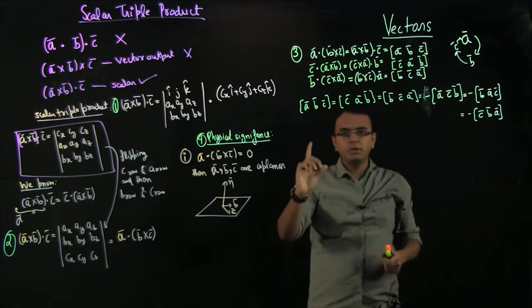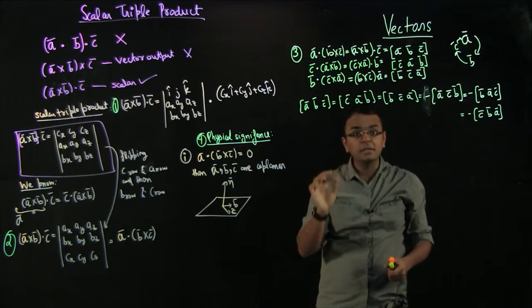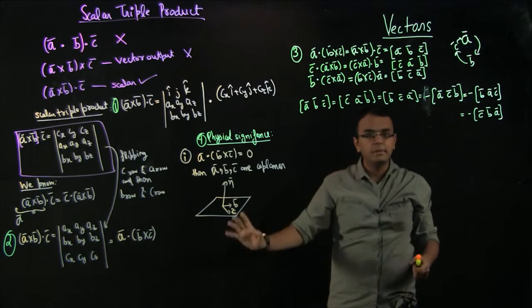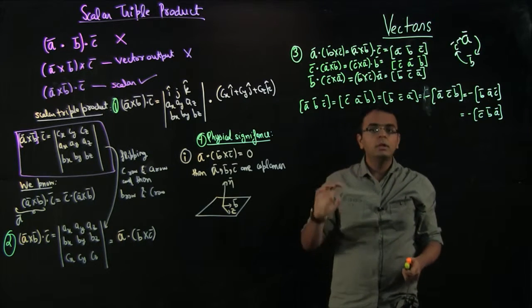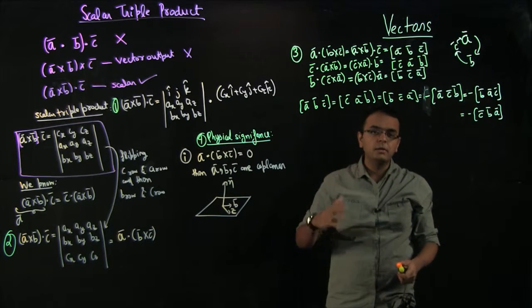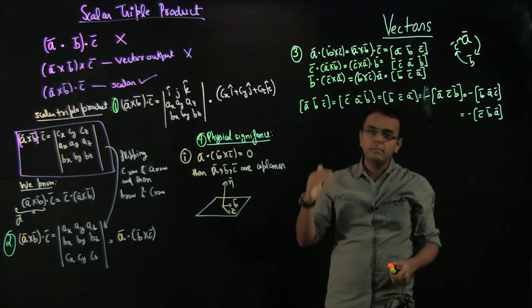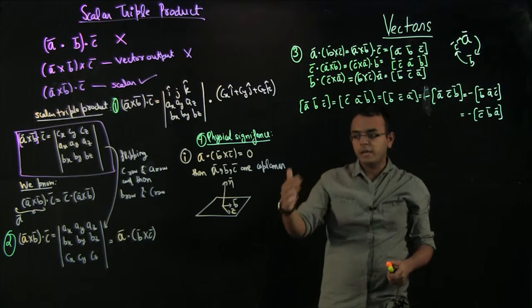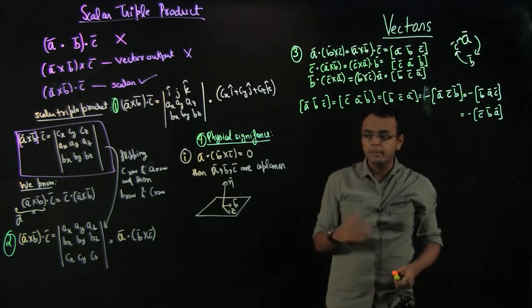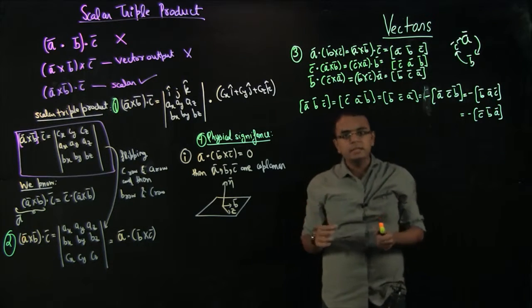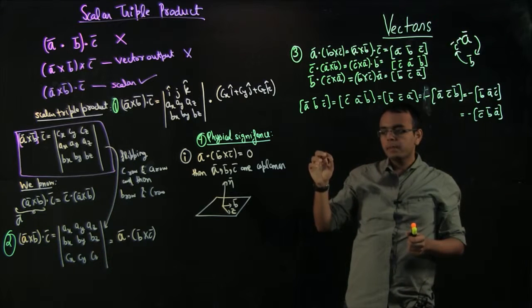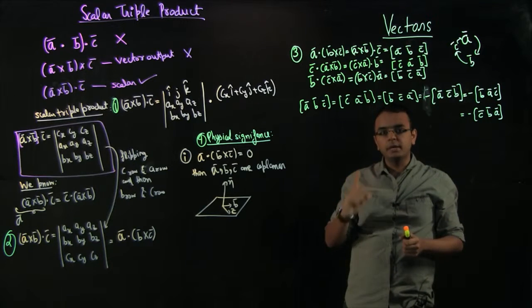Then there is the perpendicular vector. B cross C is a vector perpendicular to both B and C. This is something we have discussed in cross product. So if you cannot recall it, please go and check back the notes on cross product. And whenever there is B cross C, the vector which is, let's say, n, is perpendicular to both B and C. Now what we are saying is that this n vector is perpendicular to the plane of B and C.